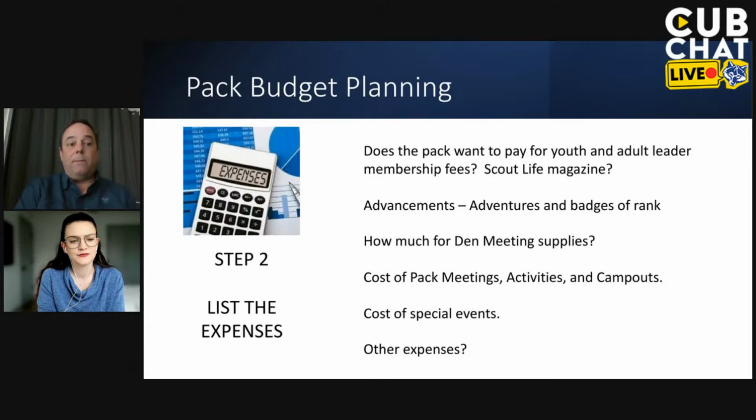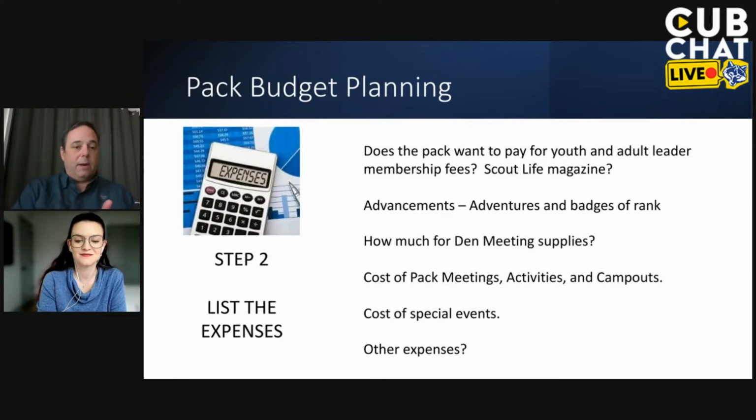And when we get to step 4, you'll learn that there's a kind of a trick to this. So when you're building that pack budget and listing your expenses, one big question you have to ask yourself is, is the pack going to pay for youth and adult leader membership fees, right? The pack that I was associated with, and I've seen lots of packs do this, you pay your registration fee once when you sign up.